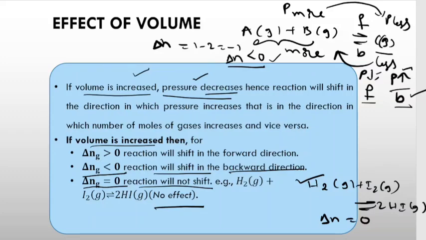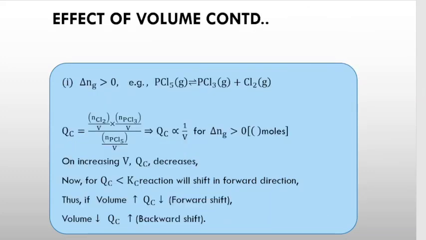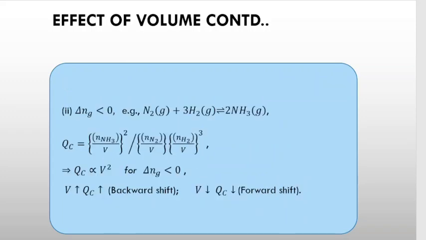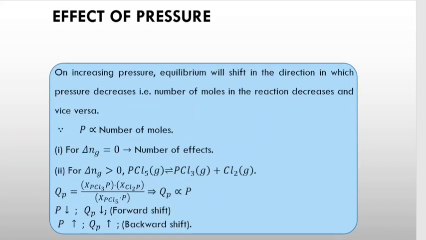Understand or not? If you once know the effect of volume, you will come to know even the effect of pressure, because we already know that the pressure and the volume are inversely proportional to each other.